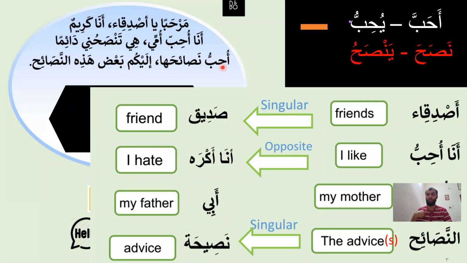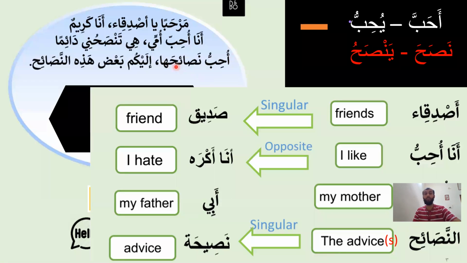I'm the subject. The advice is the detail. Her advice, her is the possessive case. All you need to remember is huwa is he, subject. Huwa becomes hu. So if I say I love my father's advice, I would say uhibbu nasa'ihahu, because I like his advice.